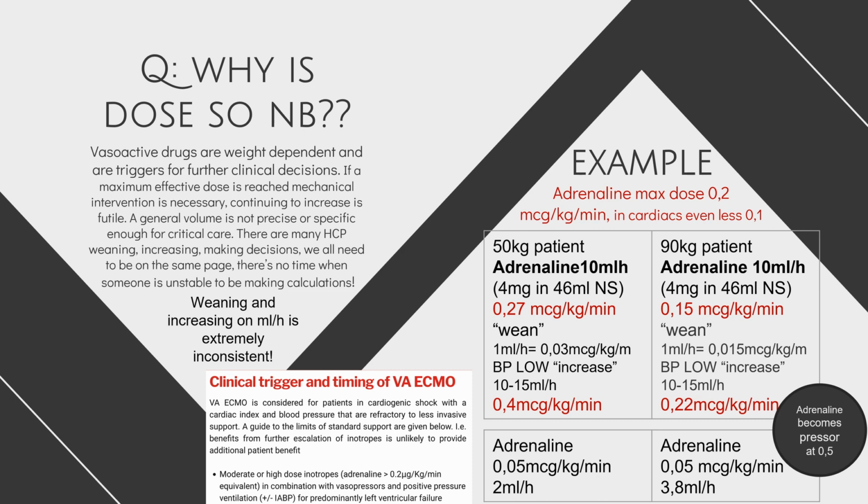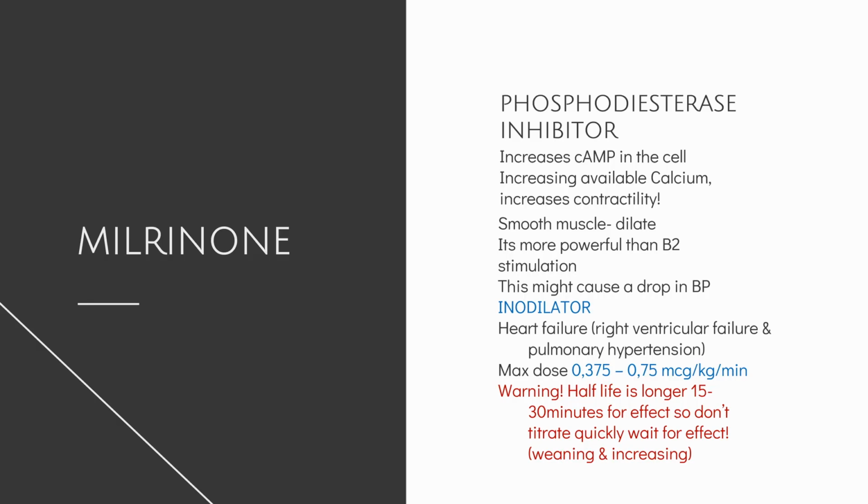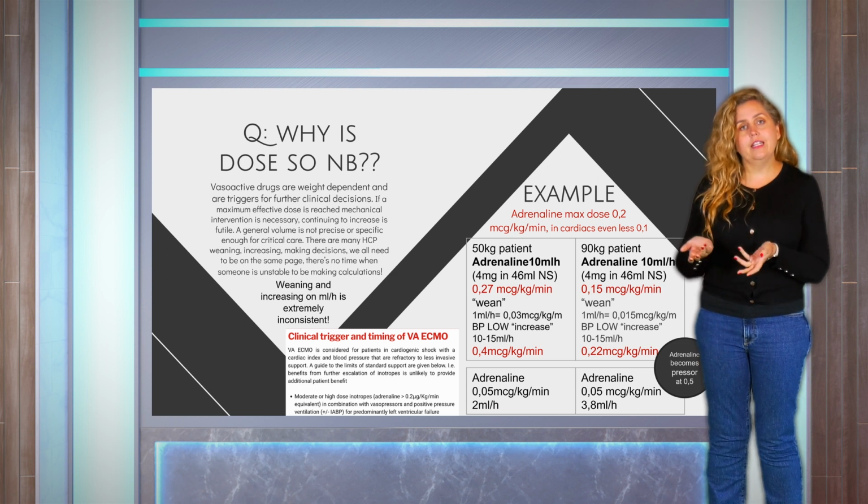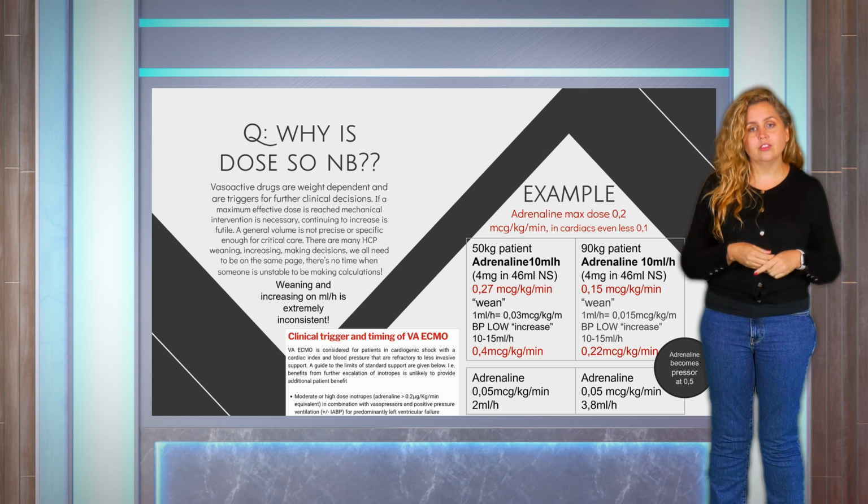Your standard of 1 ml per hour has a very different effect based on the patient's weight, which we're not even taking into consideration. So a smaller patient is going to be weaned more aggressively, obviously, and a larger patient will automatically be weaned more conservatively, just because we're not taking the dosage into account.